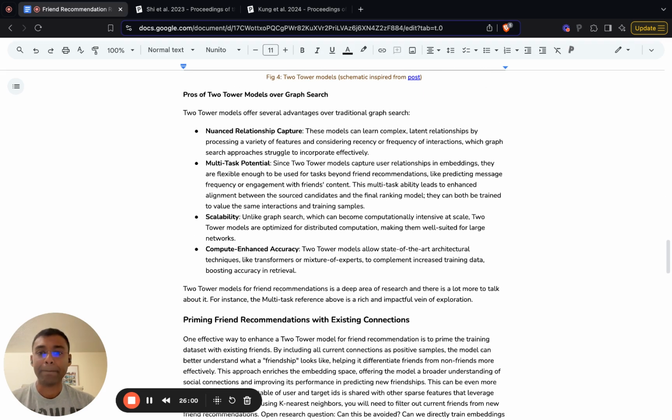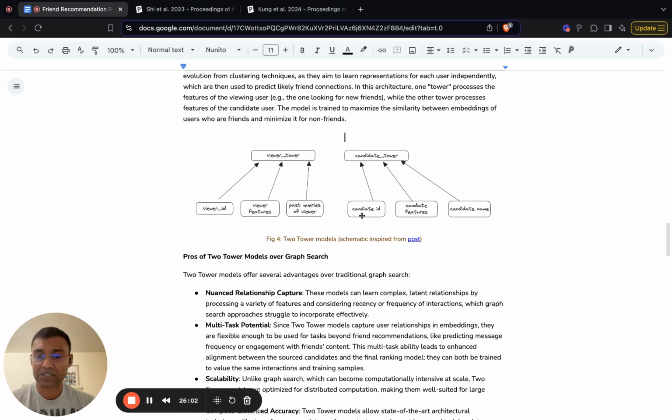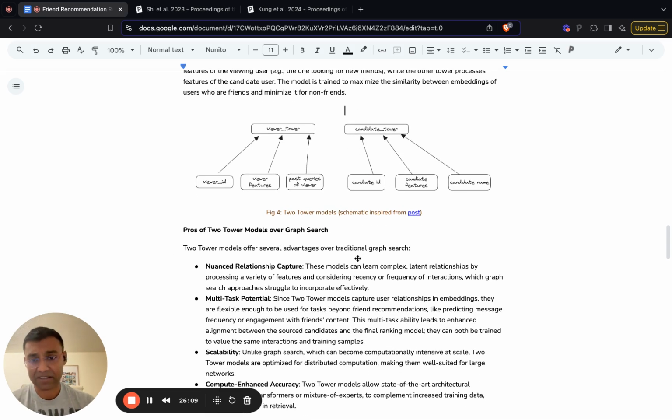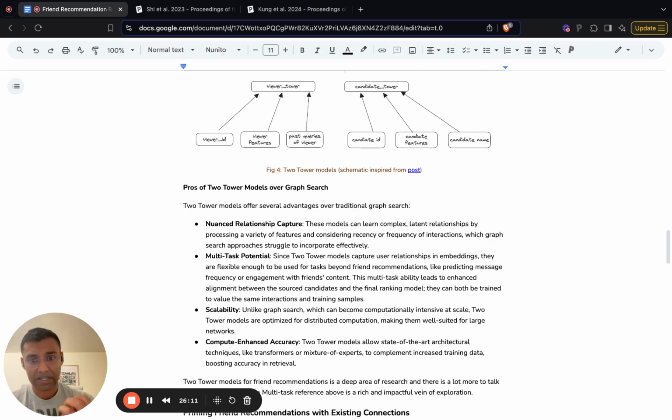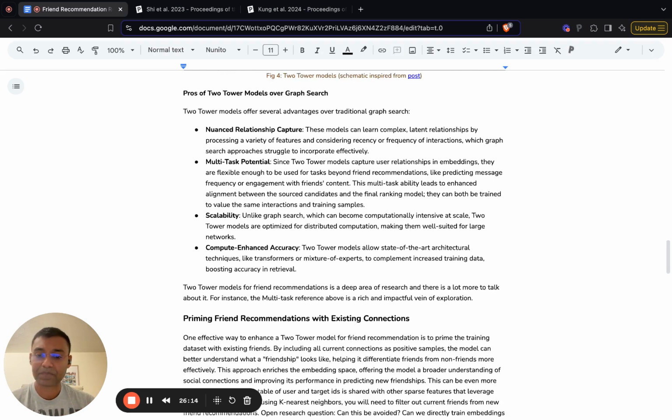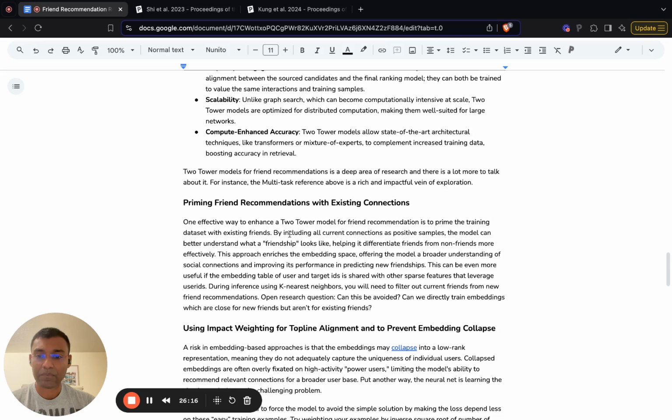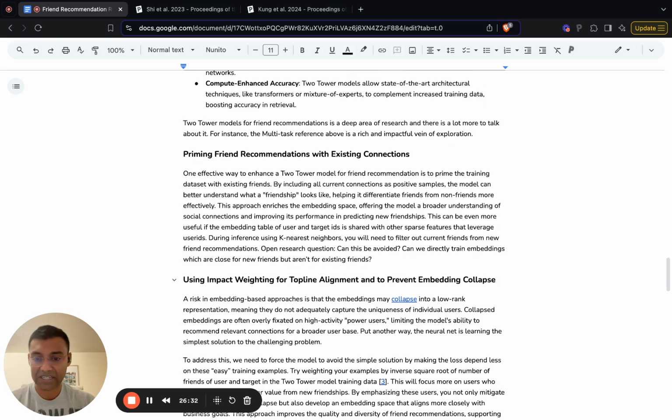Right. So two towers, we talked about it. It's a way of learning an embedding of the viewer and an embedding of the candidate, and finding the top candidates by nearest neighbor search. Here I talk a little about how to prime it with data from before the start of your training data, because people might have been making friends on your platform for years, but you'll miss that in your training data.